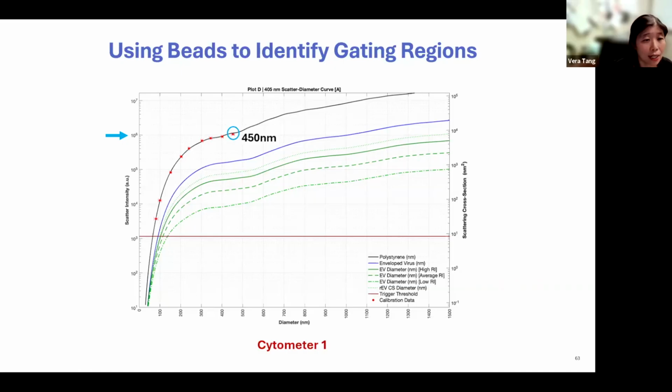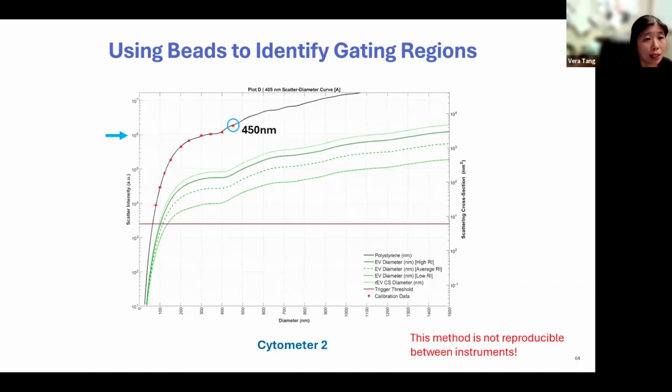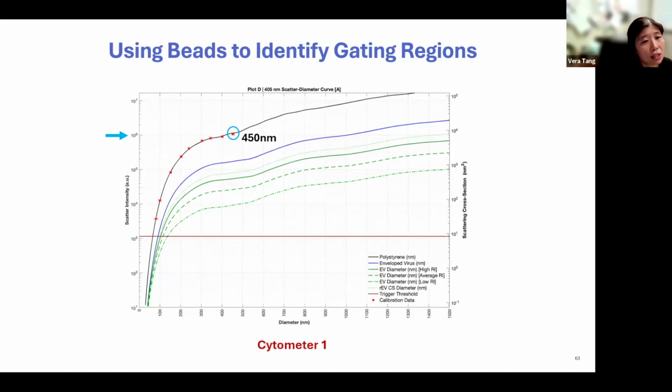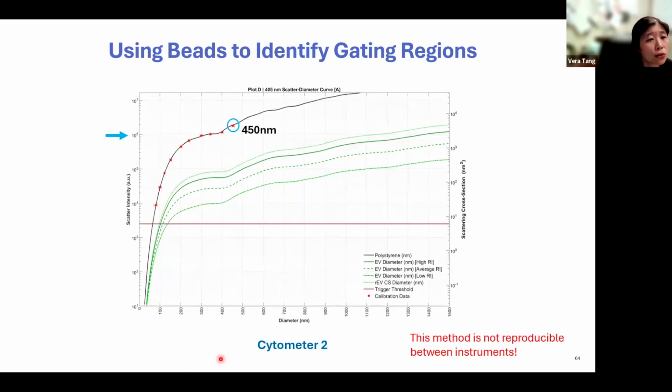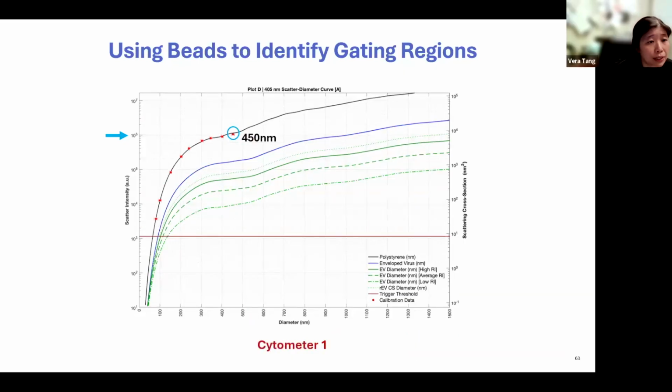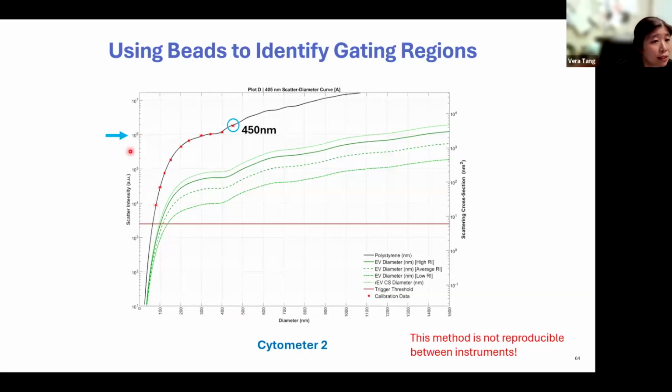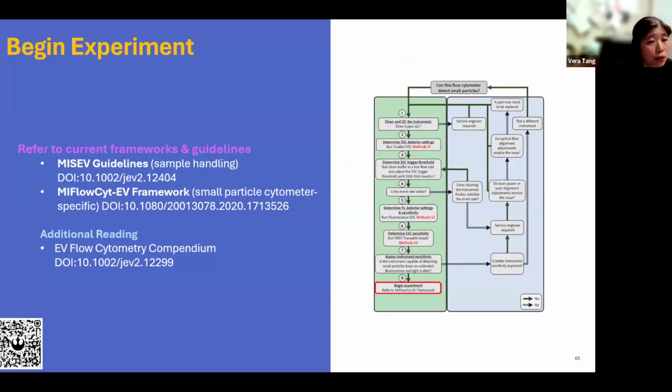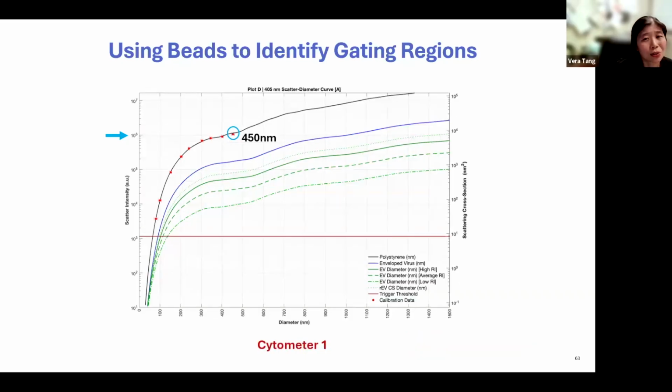And this is why. I'm showing you this Mie curve based on one instrument, cytometer 1, and you see this Mie curve based on cytometer 2. There's a subtle change. If you focus on that 450 nanometer bead population, even though that bead is 450 and it's run on both instruments, if you look at where 10 to the 6 arbitrary units is on one instrument versus the other, it's actually in a different location.